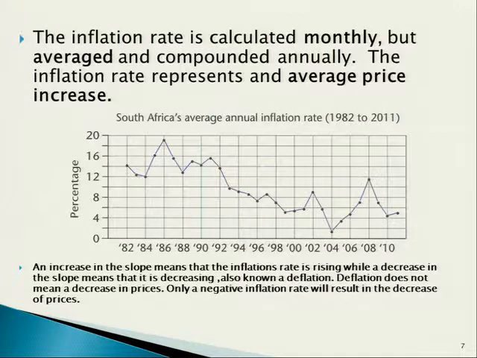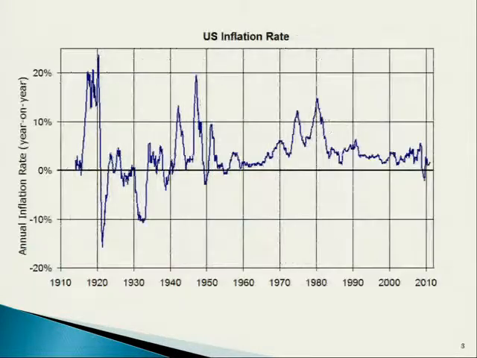Right, the next slide I want to show you is unfortunately about the American dollar and the inflation rate of the dollar. But remember, our context is also about global issues. So I'm going to show you the graph. It is the United States inflation rate over a huge period, a 90 or 100-year period.